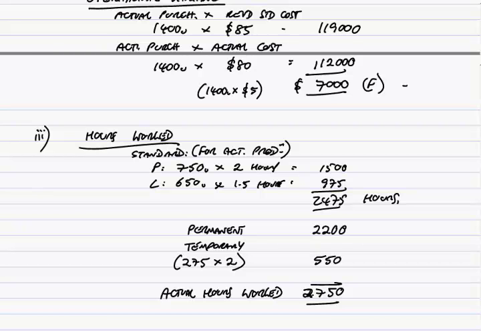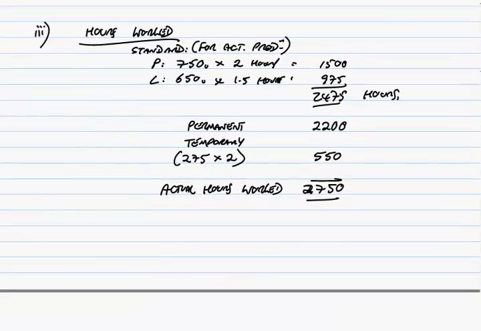So I think now we can sort it out. 2,475 are the hours we should have worked. 2,750 are the hours we did work. So I'll do my efficiency variance first.